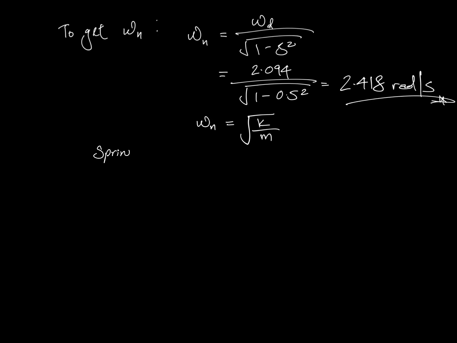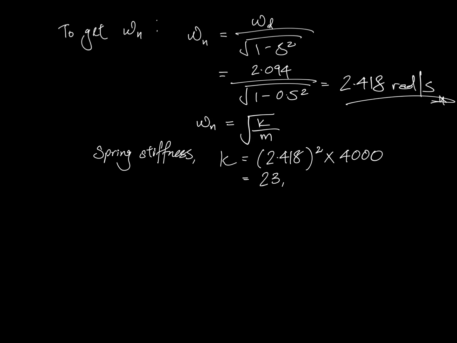Therefore, the spring stiffness K is equals to omega n square multiplied by the mass, which is 4,000 kilograms. This will give us 23386 Newton per meter.